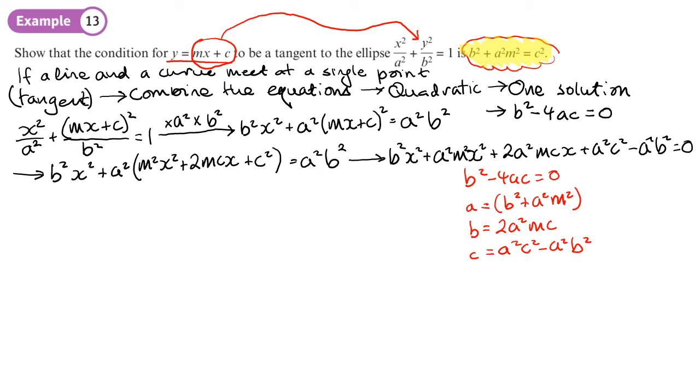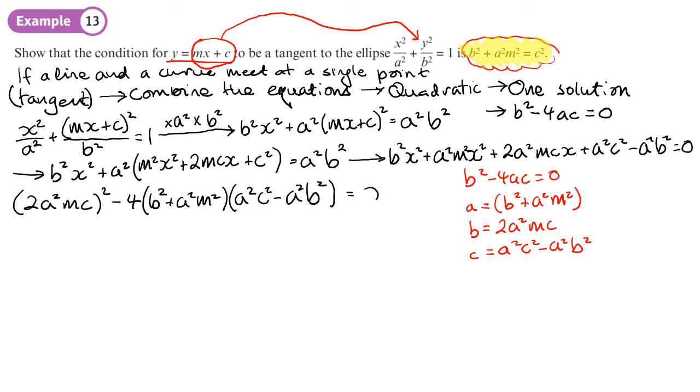So b squared is going to be (2a squared mc) all squared, minus 4 times a. A is going to be b squared plus a squared m squared, times by c, which is a squared c squared minus a squared b squared. That's going to equal 0.